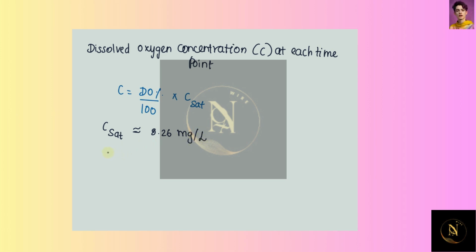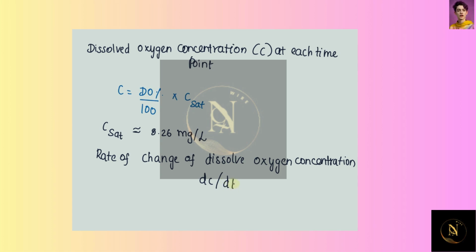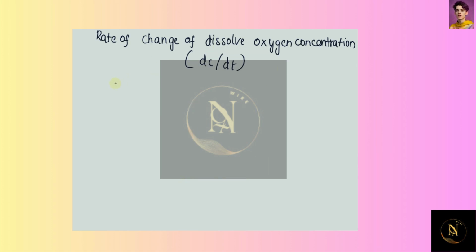Next we have to calculate the rate of change of dissolved oxygen concentration, which is dC by dt. We can calculate this by calculating the difference in concentration between consecutive time points and dividing by the time difference.